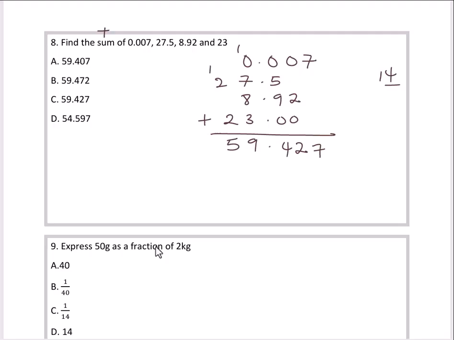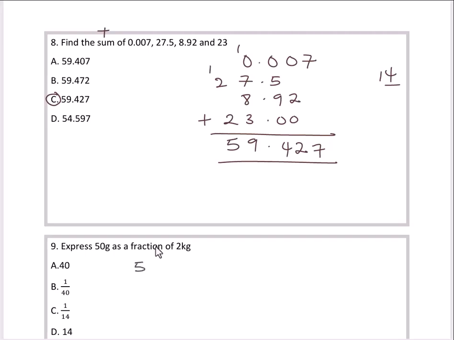Remember to put the decimal point. So we'll have 59.427. So this is it, 59.427.